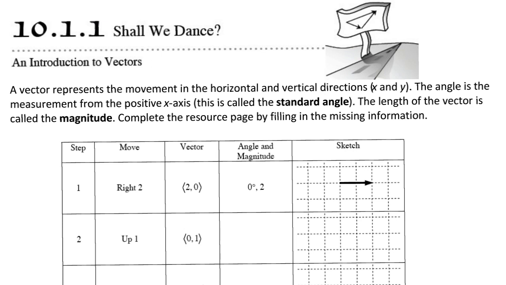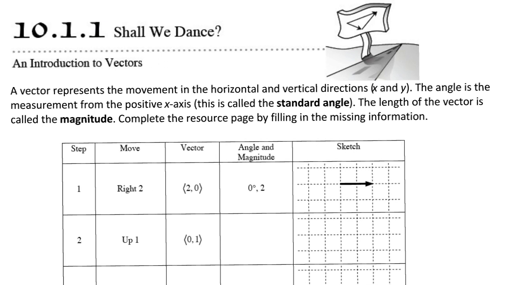So we're going to work through this, and I want you to put a few notes on your sheet. It'll help you. So remember, we just talked about the x is your horizontal movement, and the y is your vertical.